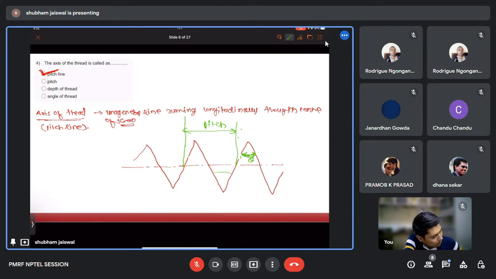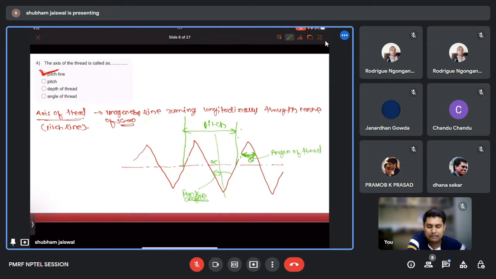Okay. This is alpha. Okay. What is alpha? It's half the angle of thread. This is flank angle. Okay. So what do you mean by flank angle?